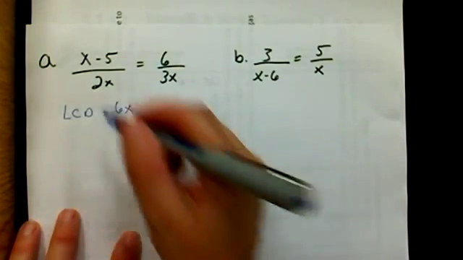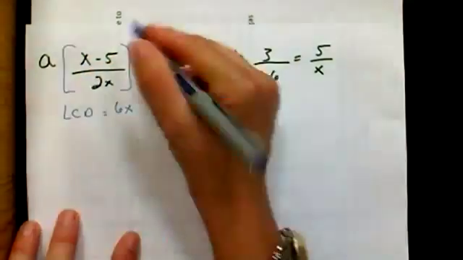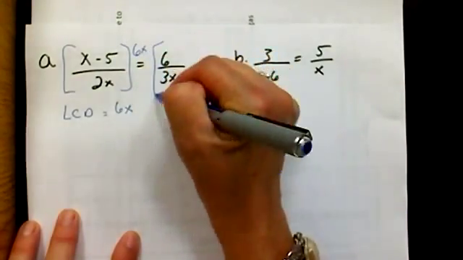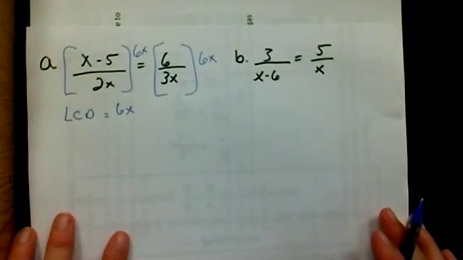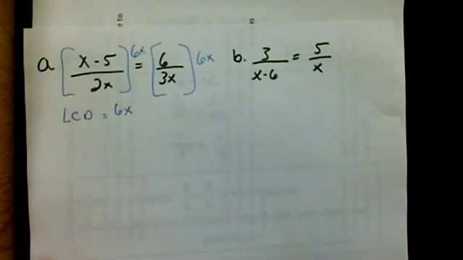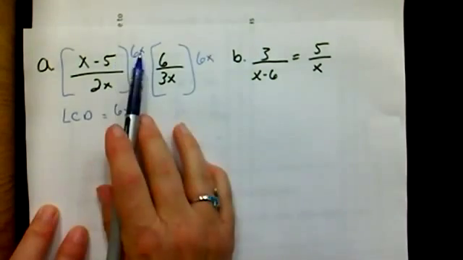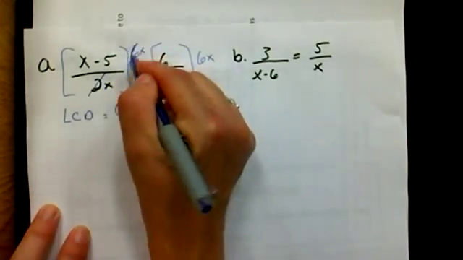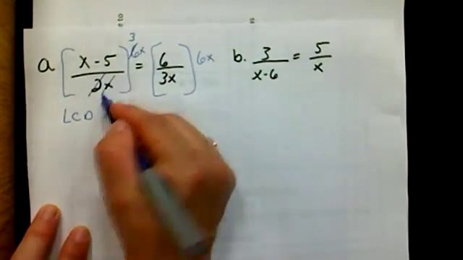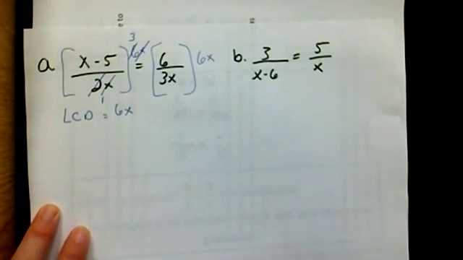Now I'm going to take each separate piece and multiply it by 6x, and multiply that by 6x. The reason we can't just do that simplification and cross multiplication is because we're getting involved with having an additional x in place. So the 2 and the 6 cancel, the x and the x cancel.